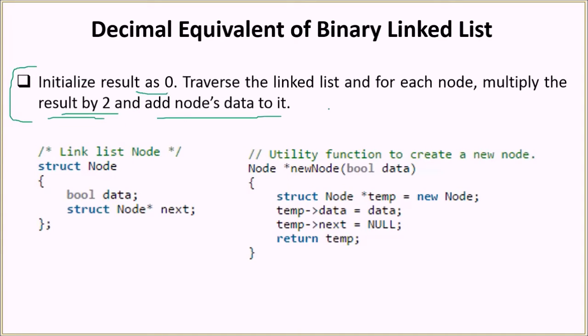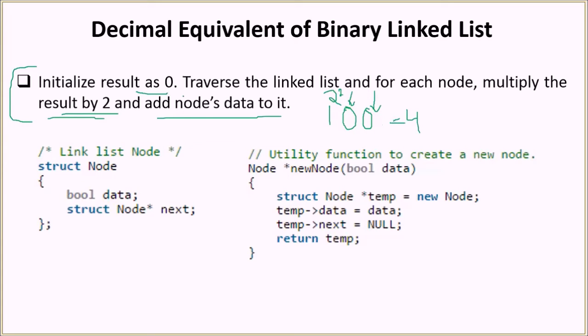If you have the number 100 in binary, we multiply 1 with 2 raised to the power 2, and 2 raised to power 1 is multiplied by this 0, and 2 raised to power 0 is multiplied by this 0. So effectively it becomes 4.